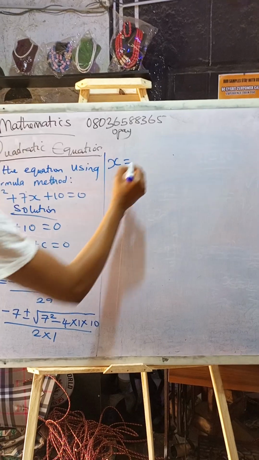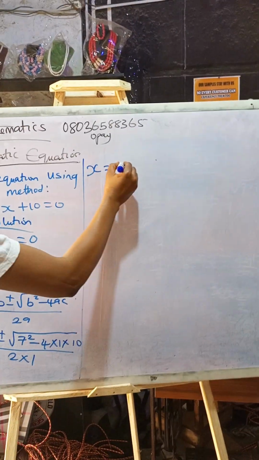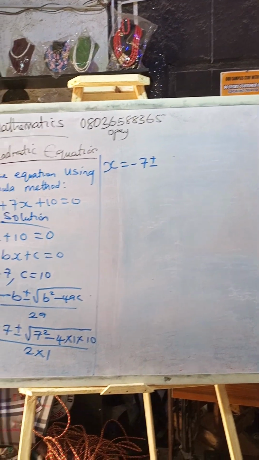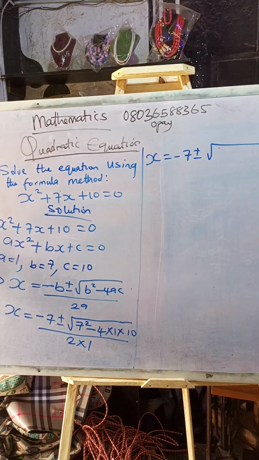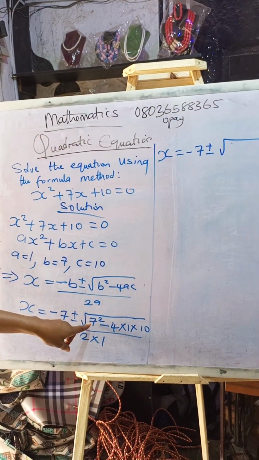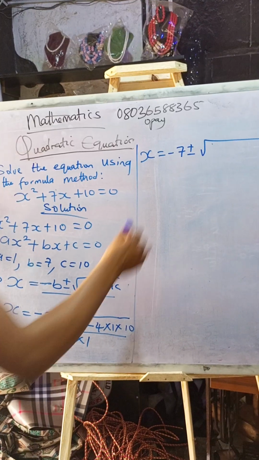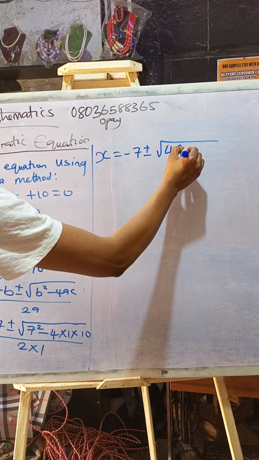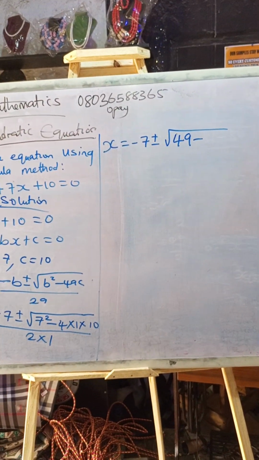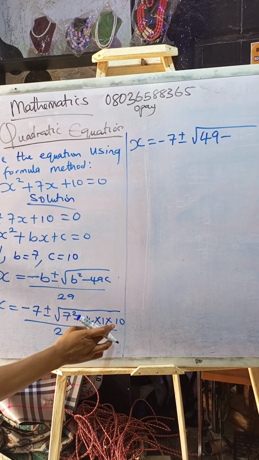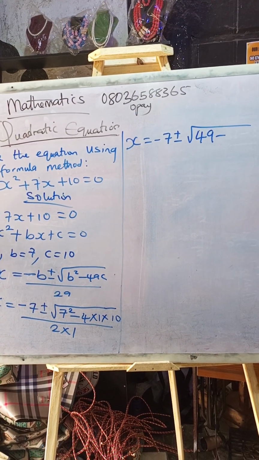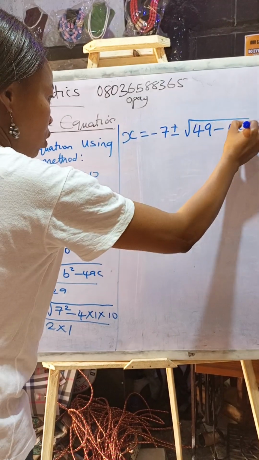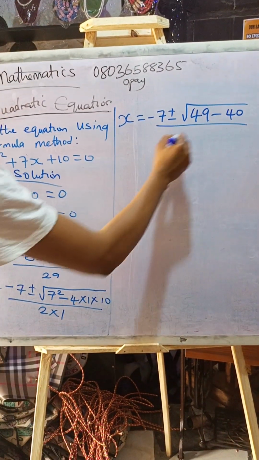So I have my x equal to minus 7 plus or minus square root of, I will simplify the square roots. 7 squared means 7 times 7, so 7 squared is 49. Then minus 4 times 1 is 4, 4 times 10 is 40. So I have minus 40 all over 2 times 1 is 2.